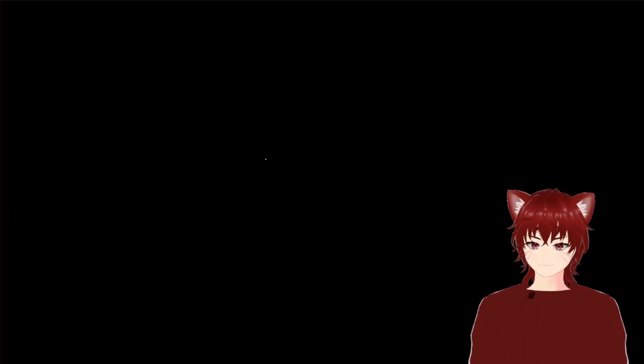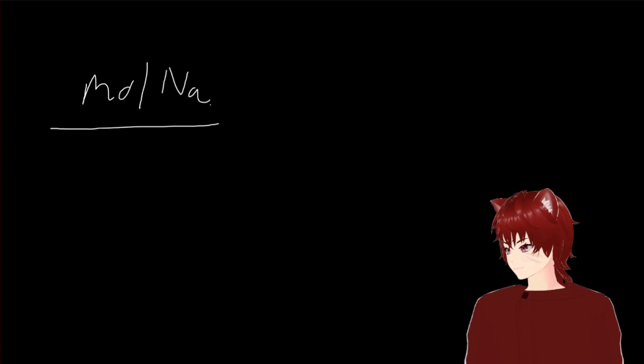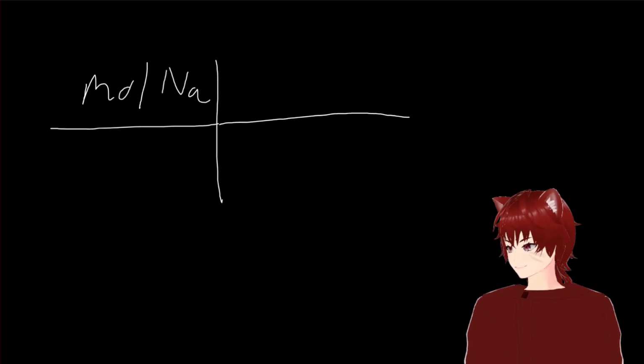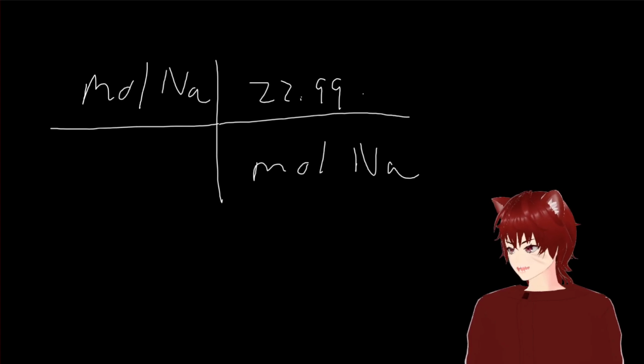So now that we understand moles and our molar mass, we can convert our moles into grams and grams into moles using stoichiometry and other math fractions. So if we had a mole of sodium, we could say on this next line that, okay, a mole of sodium is equal to 22.99 grams of sodium.